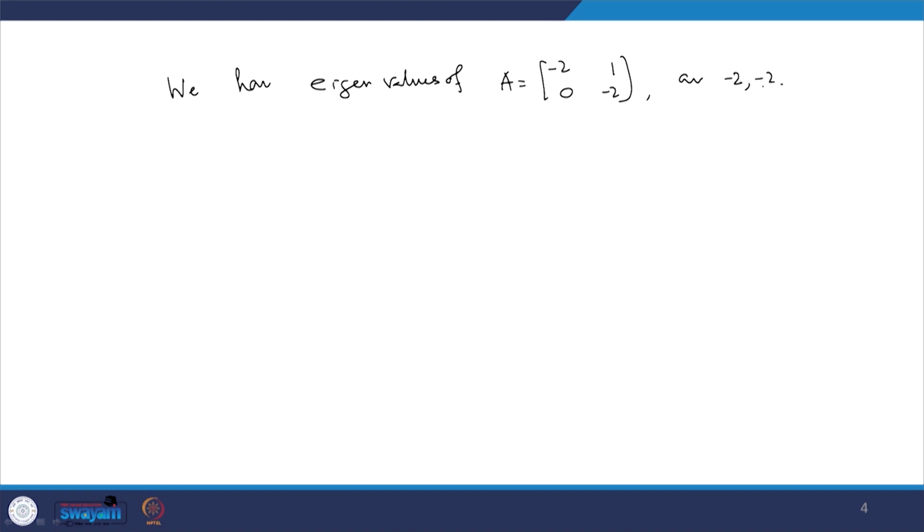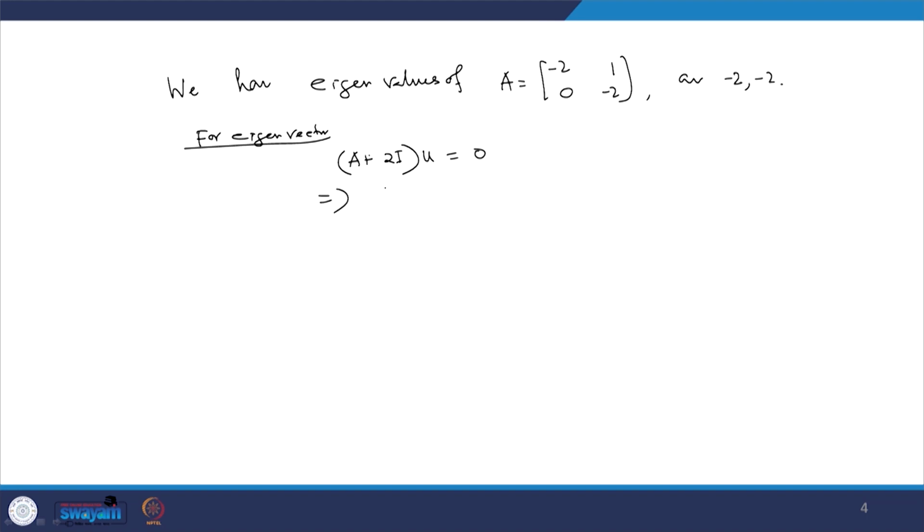So, that is why minus 2, minus 2. So, what are the eigenvectors? For eigenvectors, we have (A plus 2I) operating on, say, some u equal to 0.